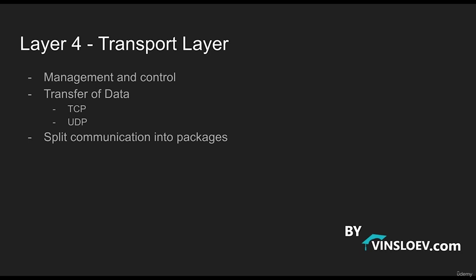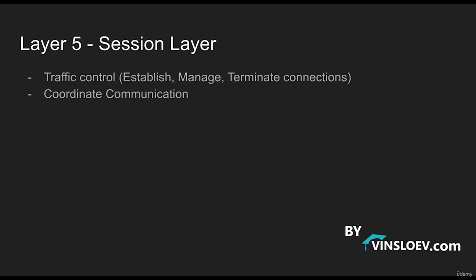So this is in layer 4 that we are dealing with these two different protocols. And it is also where we are splitting the communication that is coming from the layers above layer 4 down into these packages.